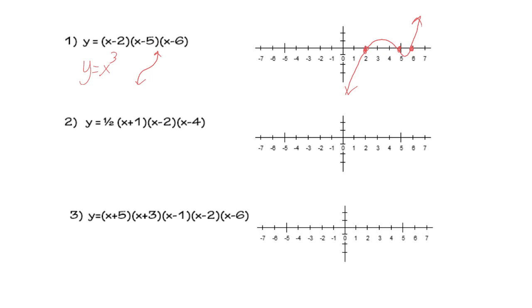I'm going to have these 3 zeros, at -1 and at +2 and at +4. Since there's 3 x's in there, it's going to behave like a cubic. So I want to start low, come up and cross at all of the 0 marks, and it should end high, like that.